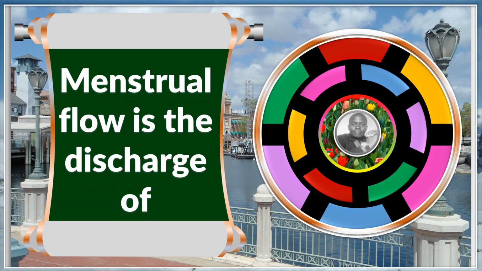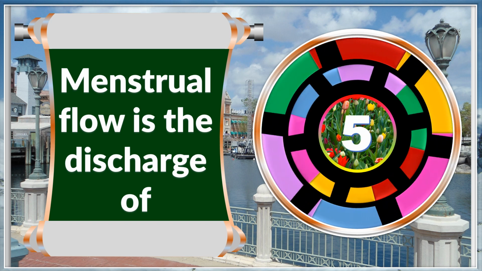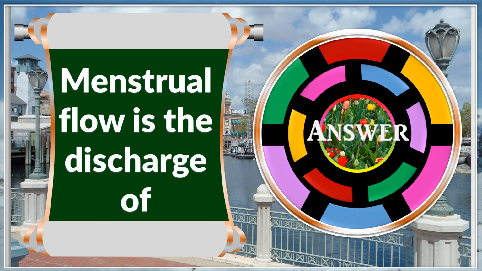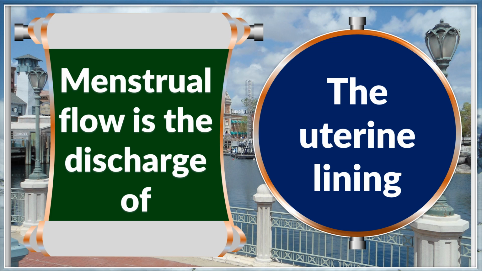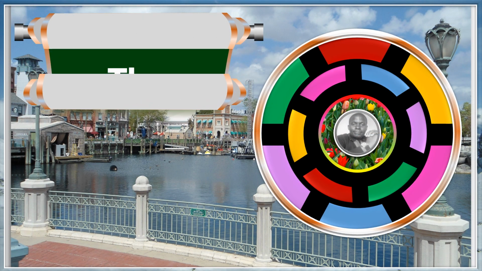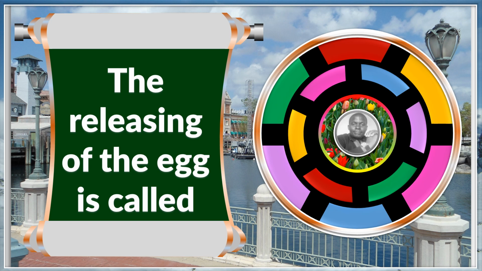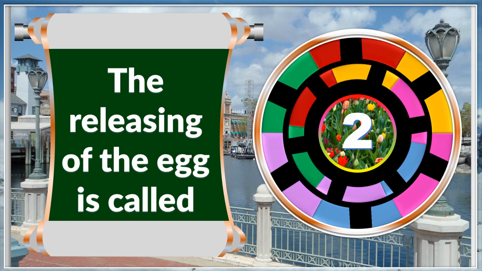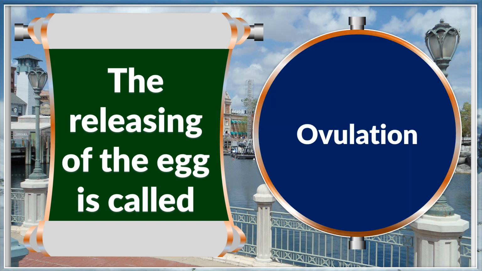Menstrual flow is the discharge of the uterine lining. The releasing of the egg is called ovulation.